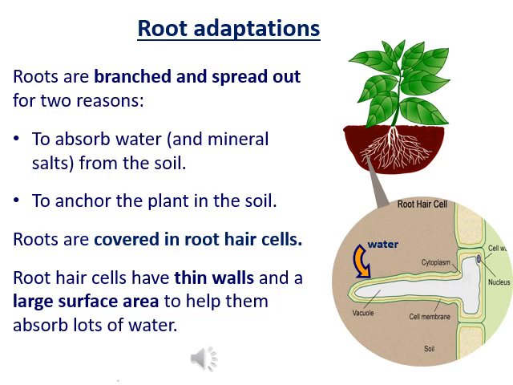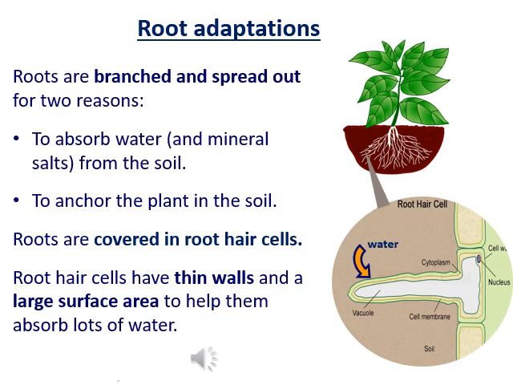Another adaptation that the root has is that it is covered in something called a root hair cell. You can see a picture of a root hair cell to the right. It's a different shape than a typical plant cell, which we talked about in the Do Now task. As well as that, root hair cells have really thin walls, and that different shape gives them a large surface area, which allows them to absorb lots of water at one time.